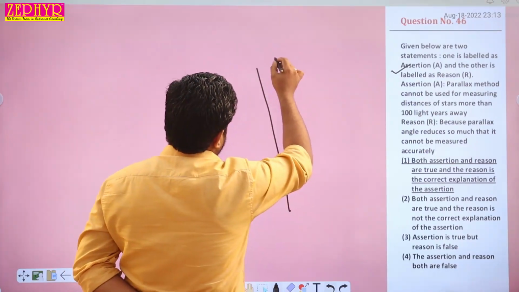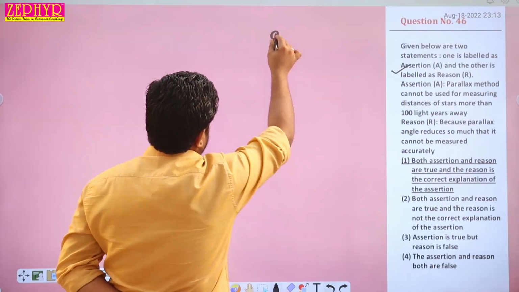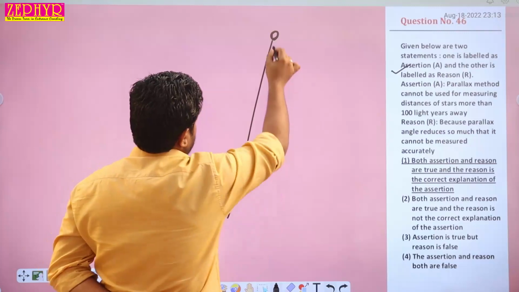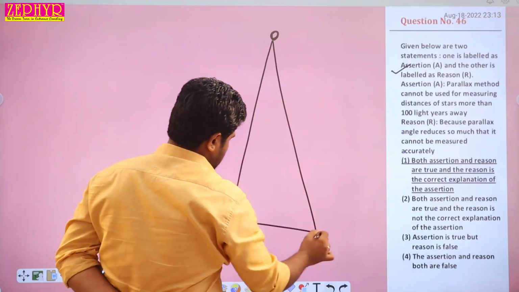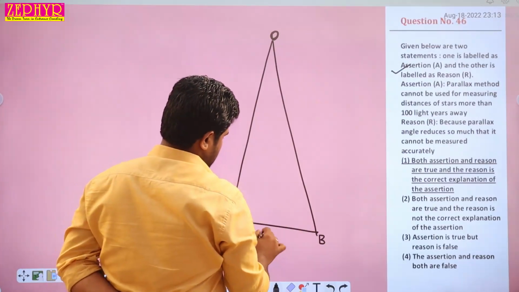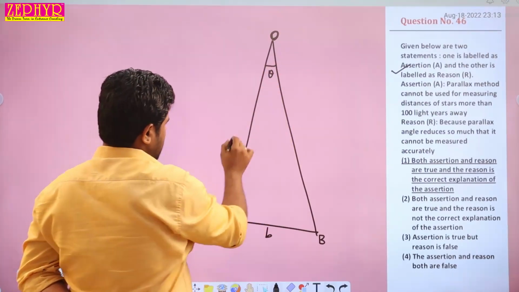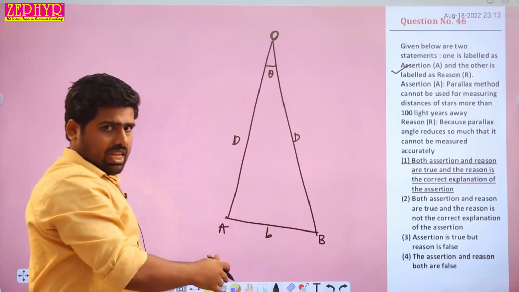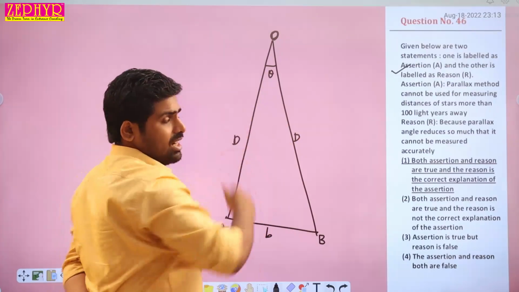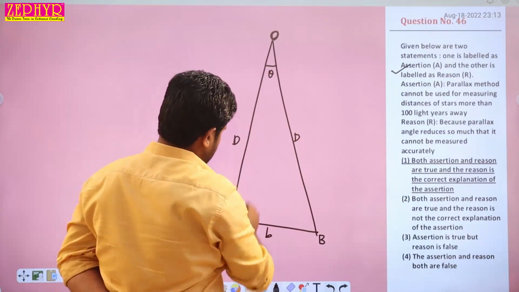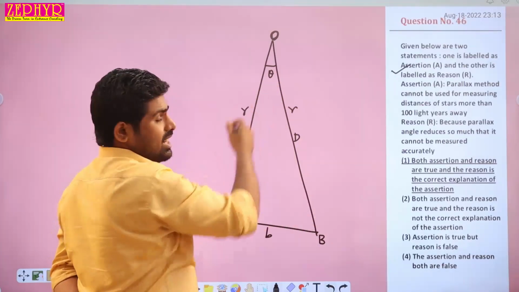Consider the object in space existing here, and A and B are the observatories, and the separation between the observatories is b. This one is theta. When the value of D increases, the angle theta between these lines decreases.